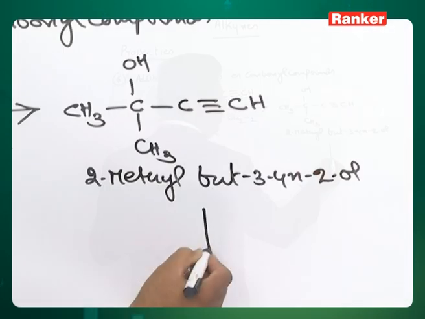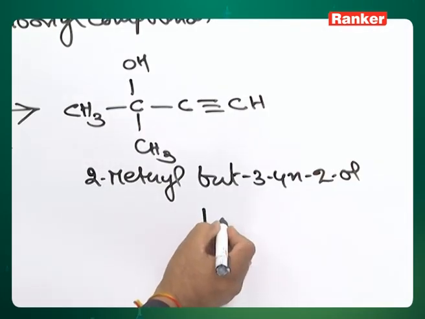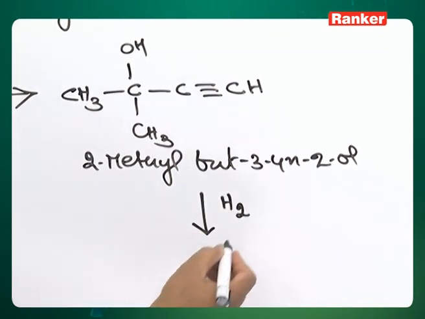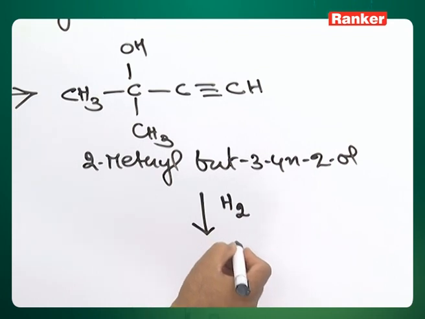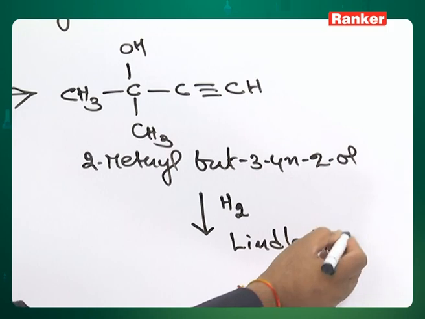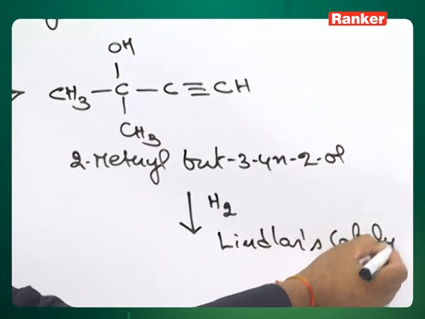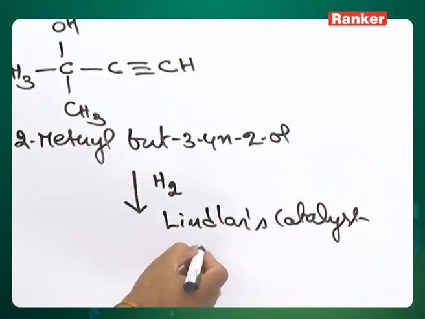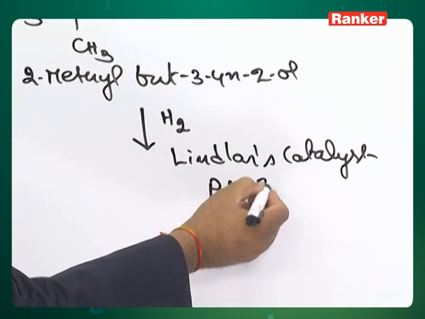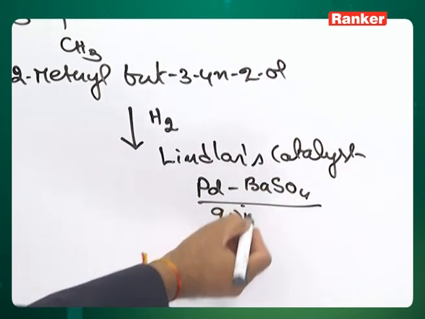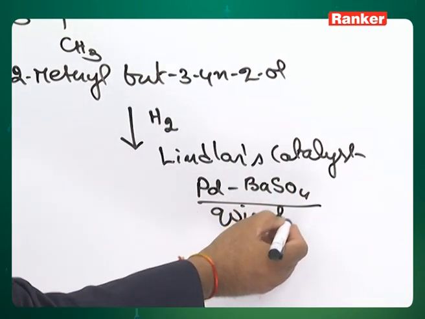You treat this compound with Lindlar's catalyst, that is adding hydrogen in the presence of a specific catalyst called Lindlar's catalyst, which allows the addition of only one mole of hydrogen. It is palladium supported on barium sulfate in the presence of an organic solvent called quinoline.